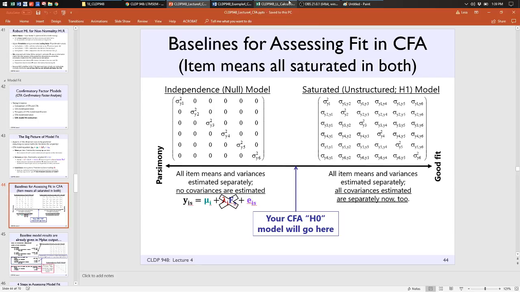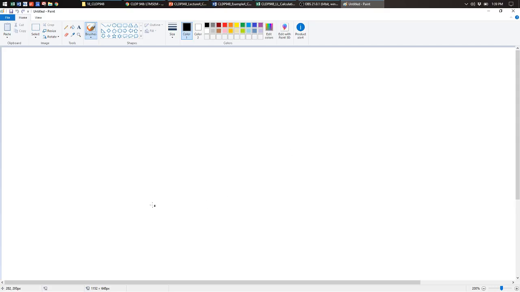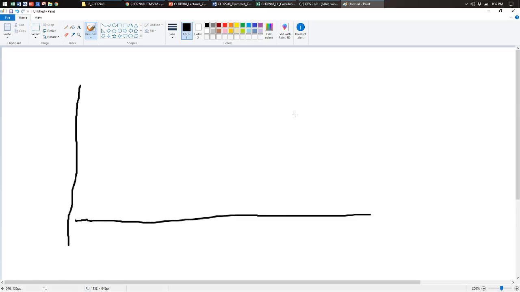So when we drew on the board here, I'll draw with Mr. Paint. My y-axis here is going to be height. Here's my 3 models. So here is the height from my saturated model. There's an S. And note that it is as tall as the y-axis. This is the tallest possible model you can have.